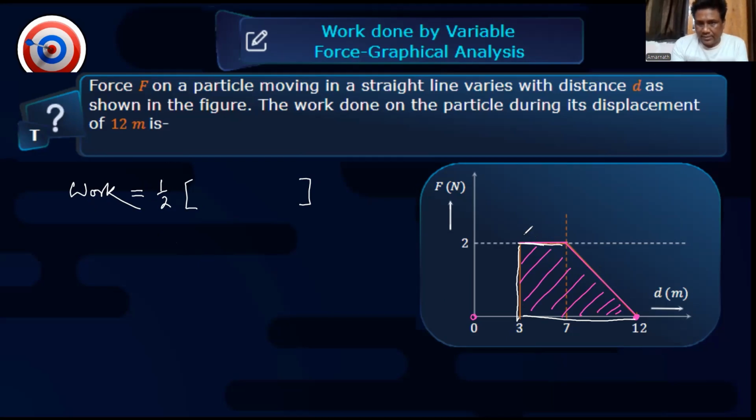The length of this side is 4, because this point is 7 and this point is 3, so 7 minus 3 is 4.